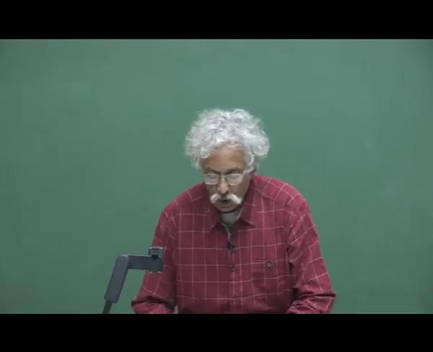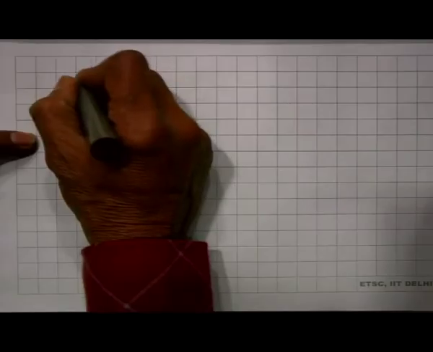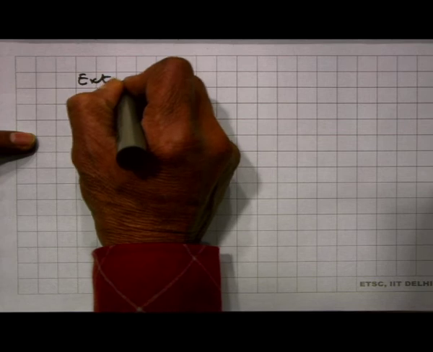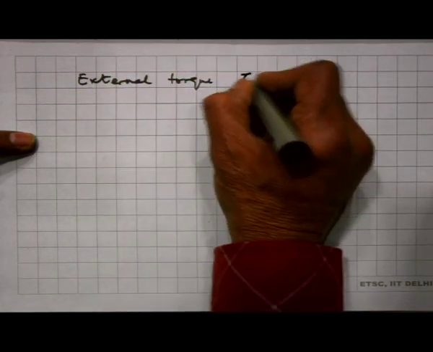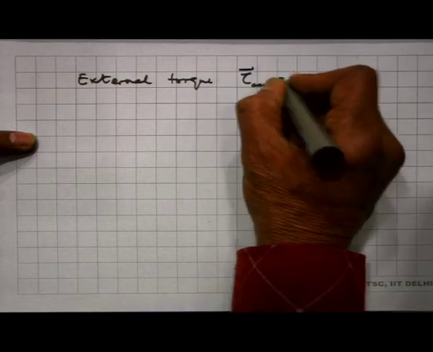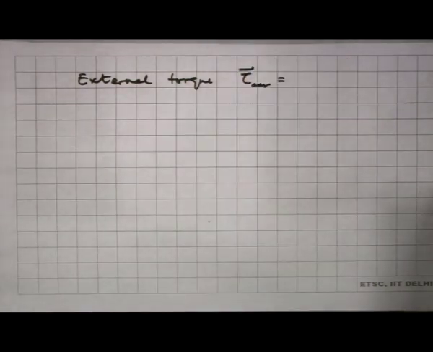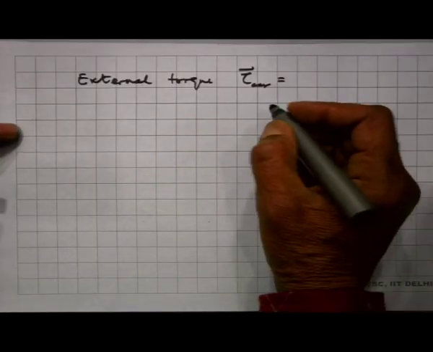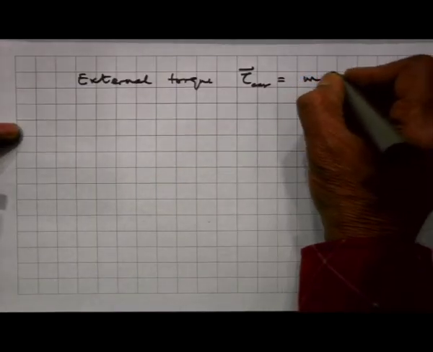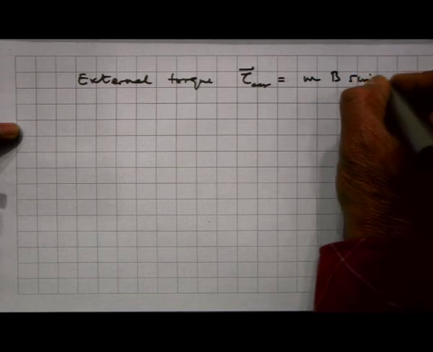So, the external torque which I need to apply, tau external, will be minus of this, the opposite direction. So, I must have m B sin theta i cap.